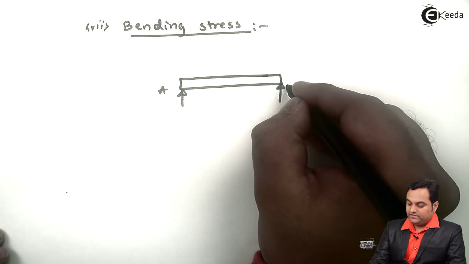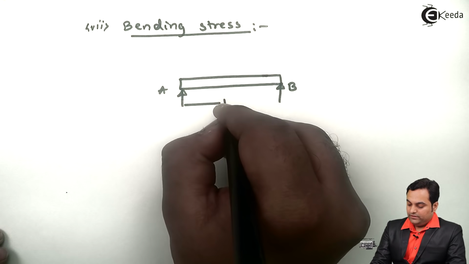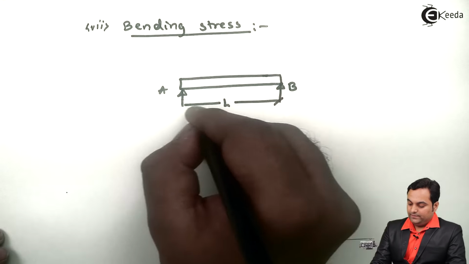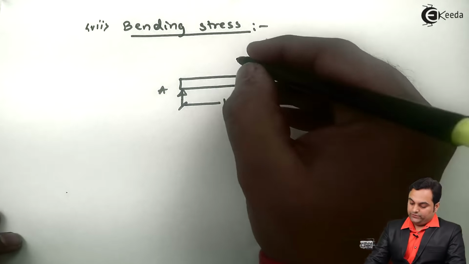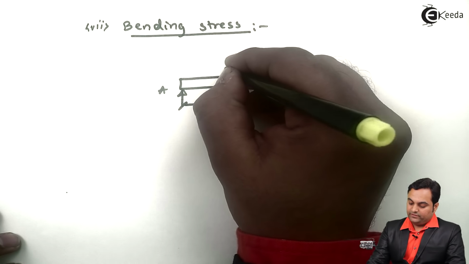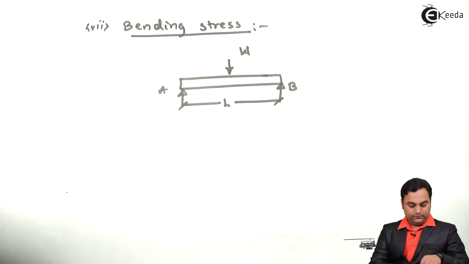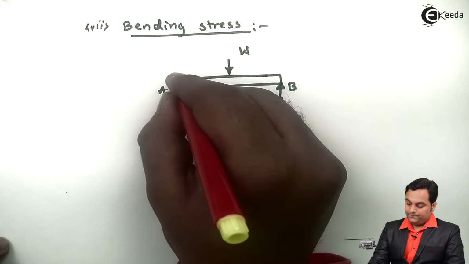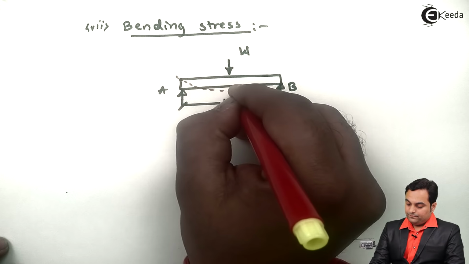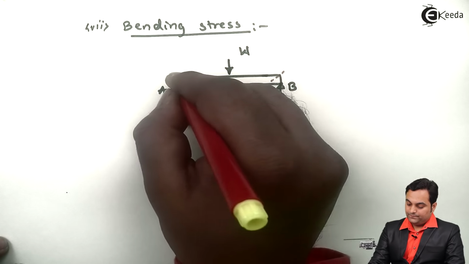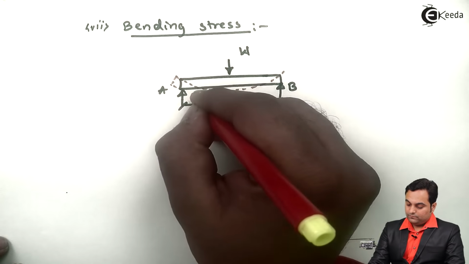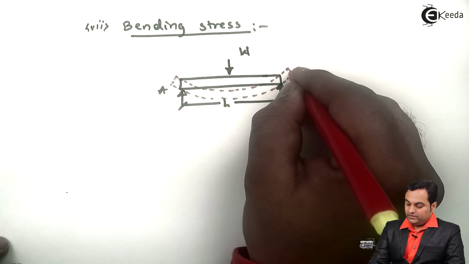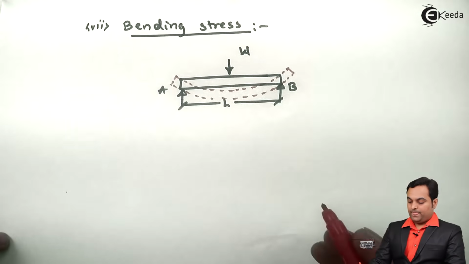I can call them A and B. The length of the beam is capital L. Because of the action of the central load, which is W, this beam can bend in this manner.